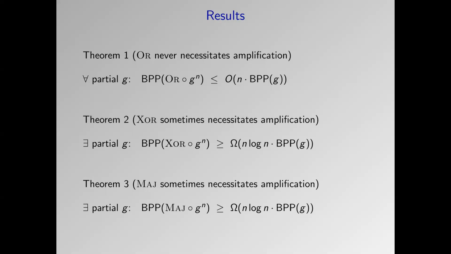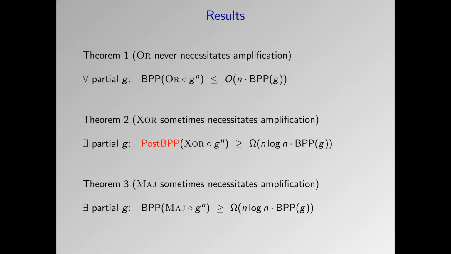Some of the novelty in our theorems 2 and 3 comes from proving not just randomized query complexity lower bounds, but in fact, we get lower bounds that hold for certain models that are even more powerful than randomized query complexity. For the XOR result, we actually get a lower bound for so-called post-BPP. In this model, we have a randomized decision tree, but with high probability, it may abort, which means it gives up and doesn't output anything. And conditioned on not aborting, the output should be correct with high probability.